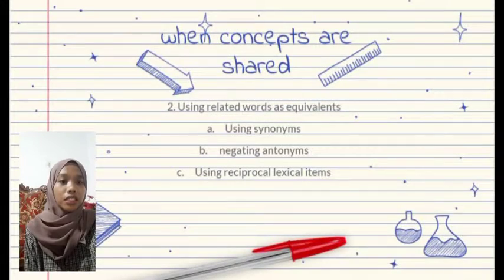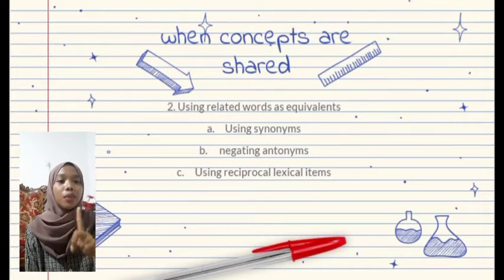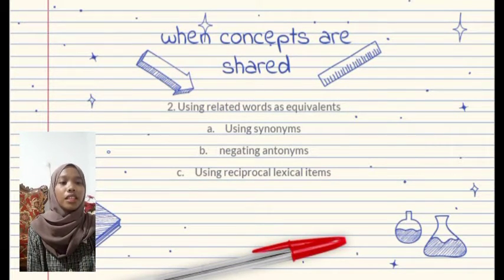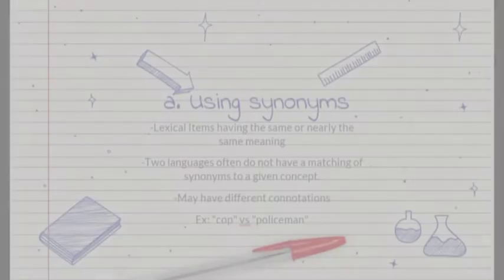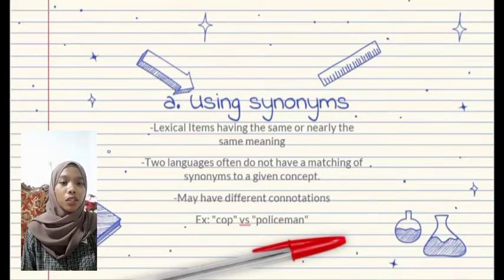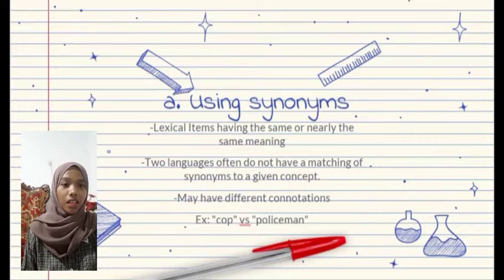Then the second is using a related word as equivalence. The concept of using a related word as equivalent is divided into three parts. The first is using a synonym, then negating an antonym, and the last is using a reciprocal lexical item. We will discuss the first one, using a synonym.